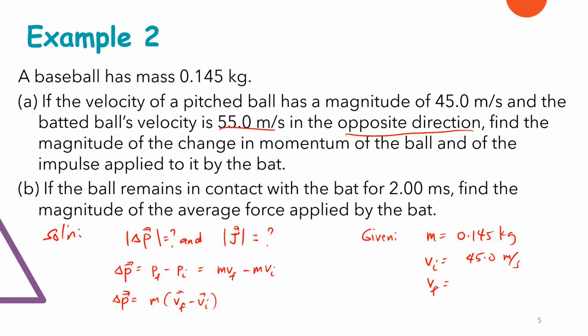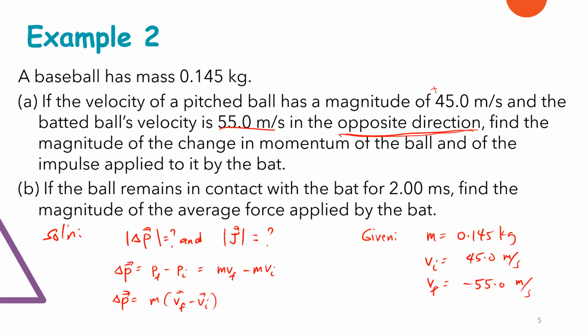So if your Vi is positive 45, then your Vf is negative 55.0 meters per second. Again, why is it negative? Because the direction of the baseball is now opposite. If our initial velocity is positive 45, meaning it is going to the right, then the final velocity is in the opposite direction, meaning the motion is going to the left.